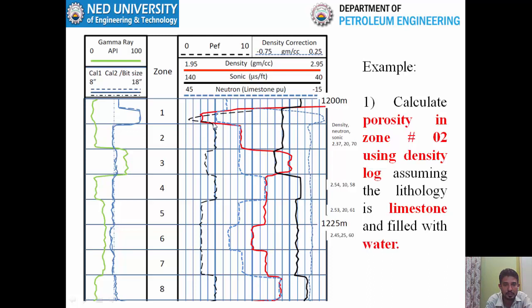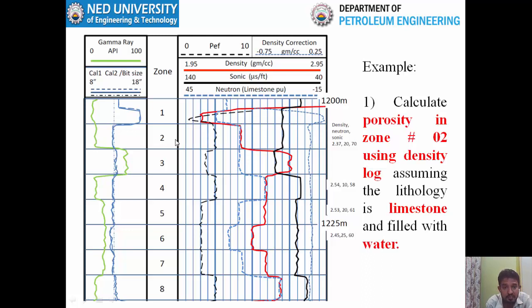After 5 boxes, on this bold blue line, the density value is 2.20 gram per cc, and on the second bold blue line, the density value is 2.45 gram per cc. On the third dark blue line it is 2.70 gram per cc, and on the extreme right its value is 2.95 gram per cc. So one small box is equal to 0.05 gram per cc.